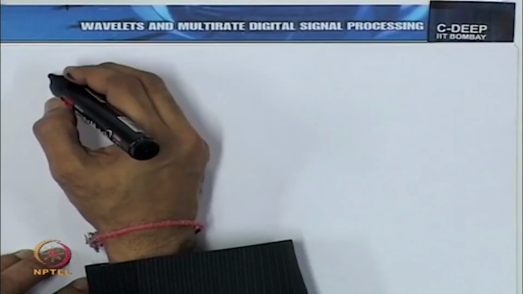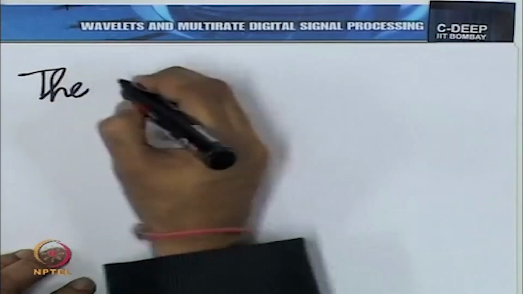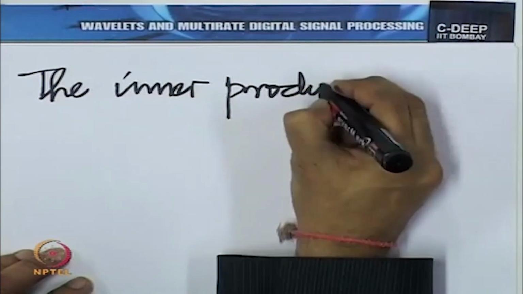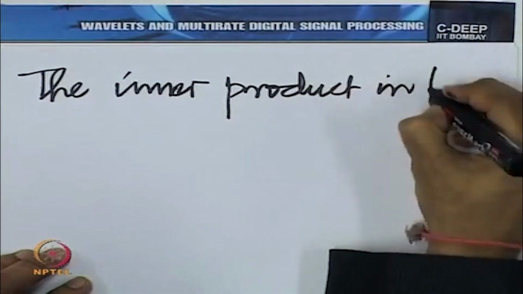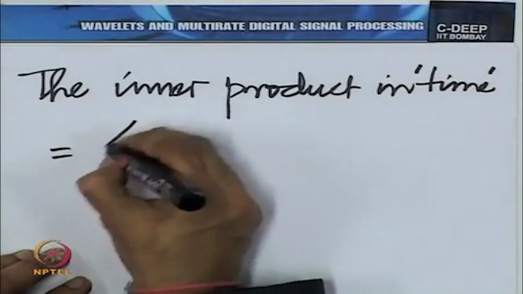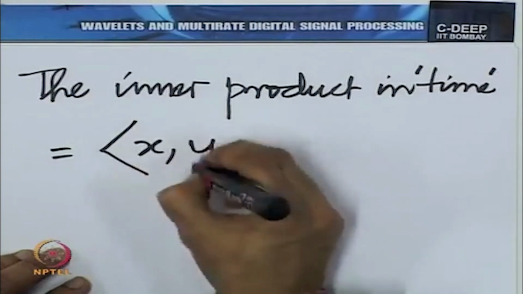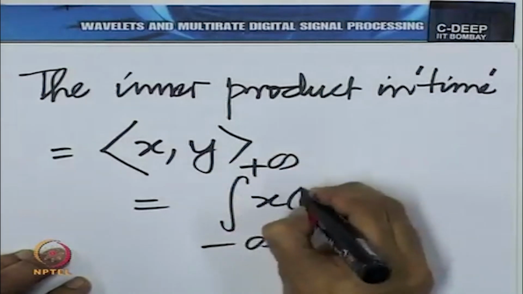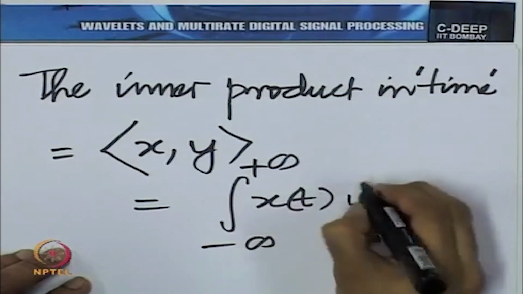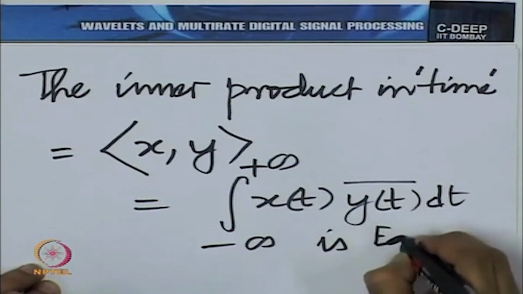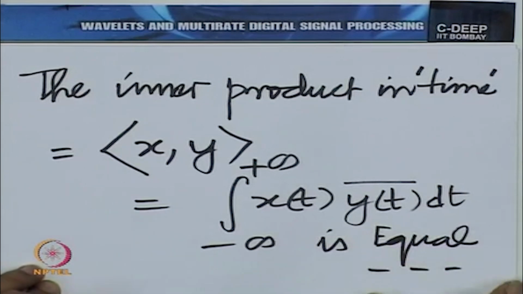So, the inner product in time, so to speak, is equal to the inner product in frequency.